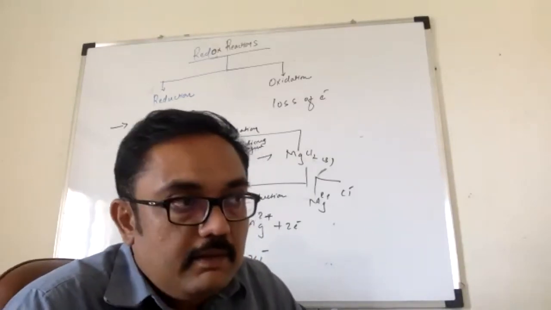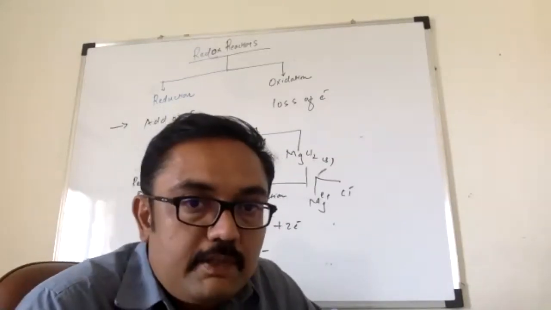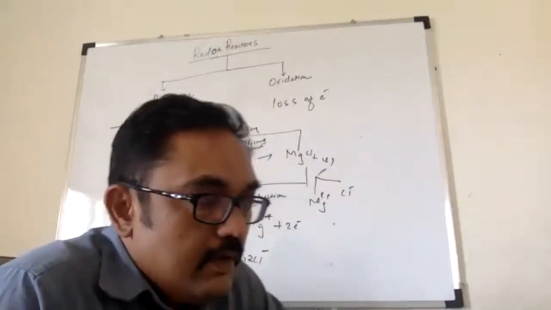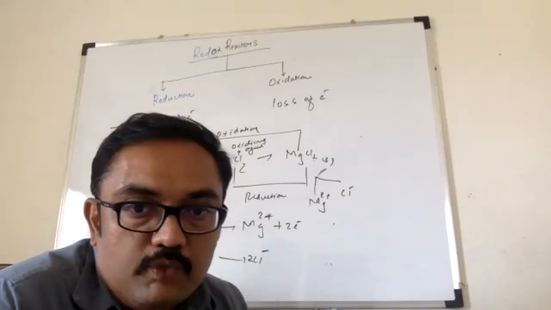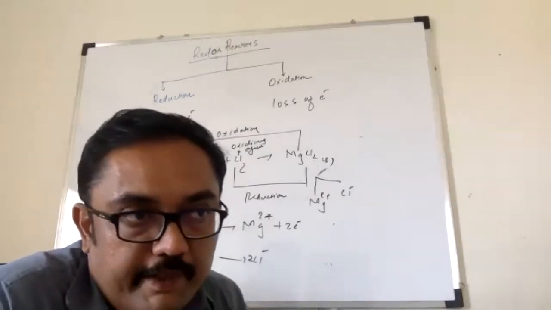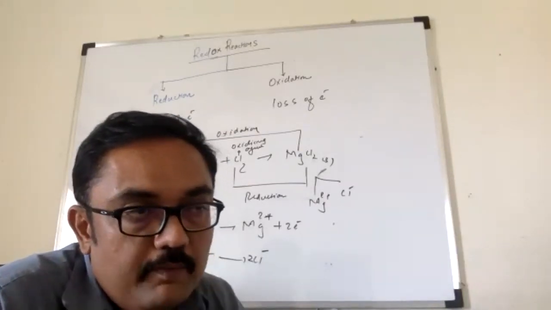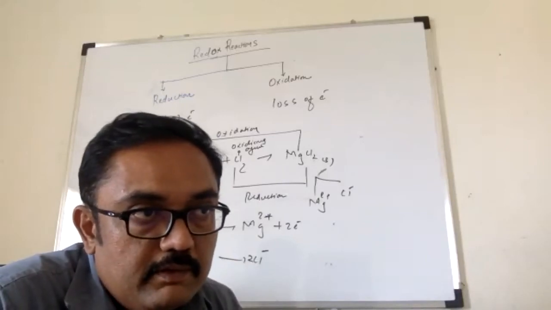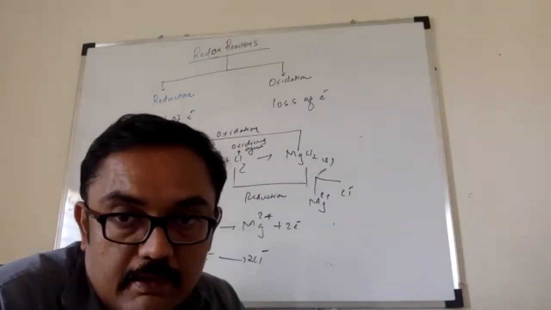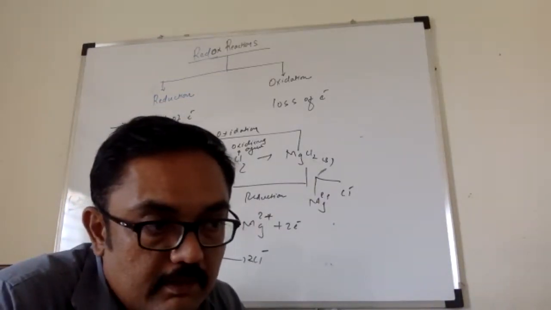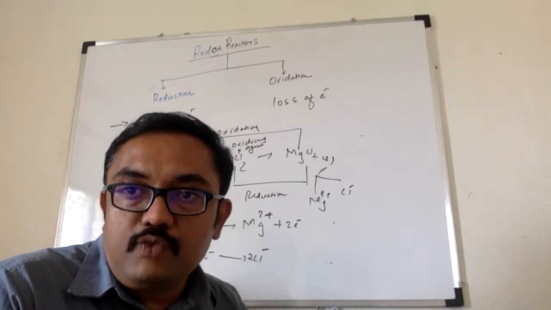Fourth question: sulfur dioxide reacts with oxygen to form sulfur trioxide, a reversible reaction.